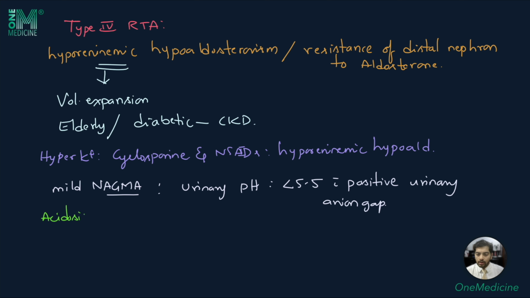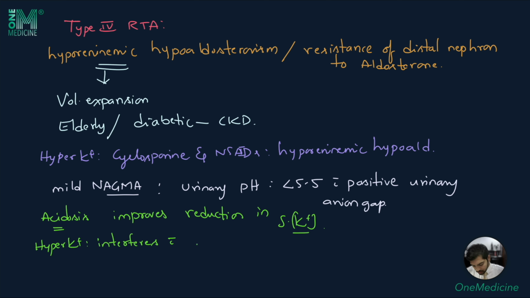Acidosis usually improves with reduction in serum potassium. This is because hyperkalemia interferes with medullary concentration of ammonium by affecting the counter current mechanism.